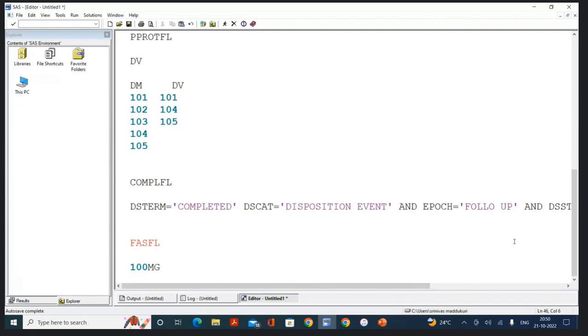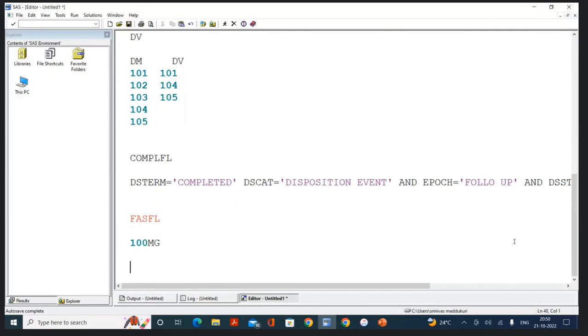Now, I'm going to consider a subject into the full analysis set if the cumulative dose of this subject is greater than or equal to 2000 mg.